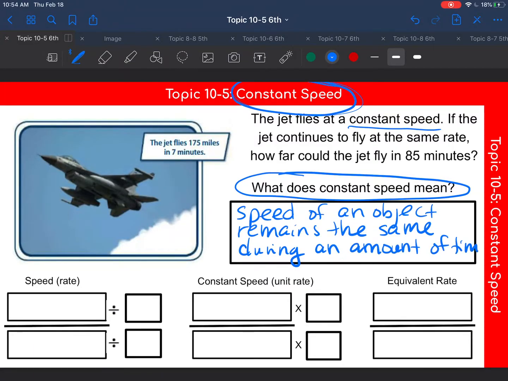That means the speed does not increase, the speed does not decrease, it stays the same during a certain amount of time. So it says that this jet plane flies 175 miles in 7 minutes.